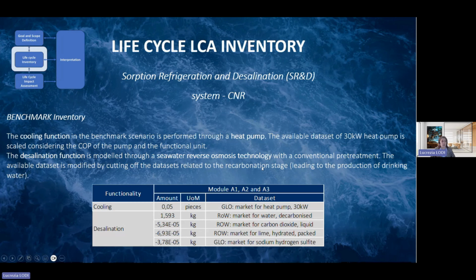So since after reverse osmosis the dataset included carbon dioxide treatment, lime, and also sodium hydrogen sulfide, which represent steps after the step we want to consider for our benchmark, we simply summed these quantities in a negative way in order to have the benchmark as similar as possible in terms of functionality to our ZHENIT technology.